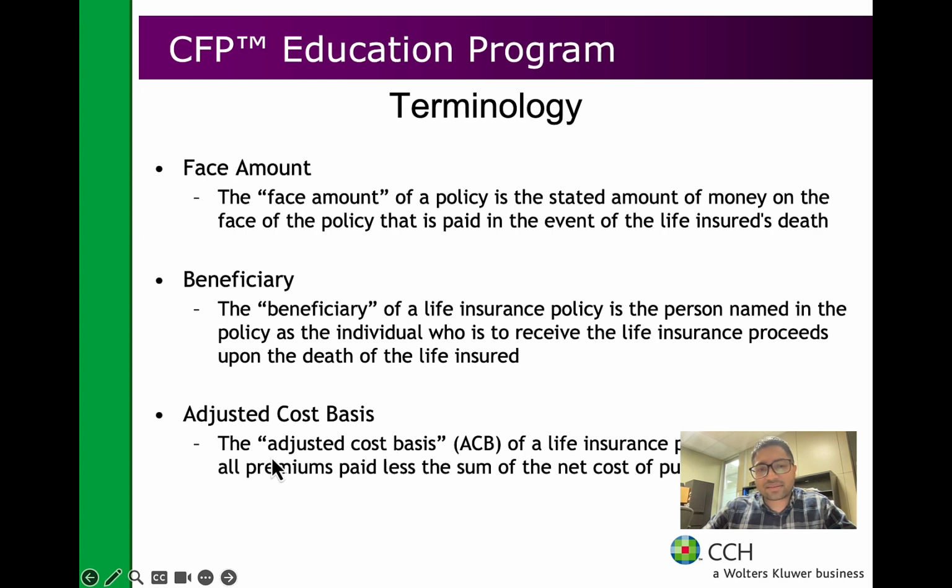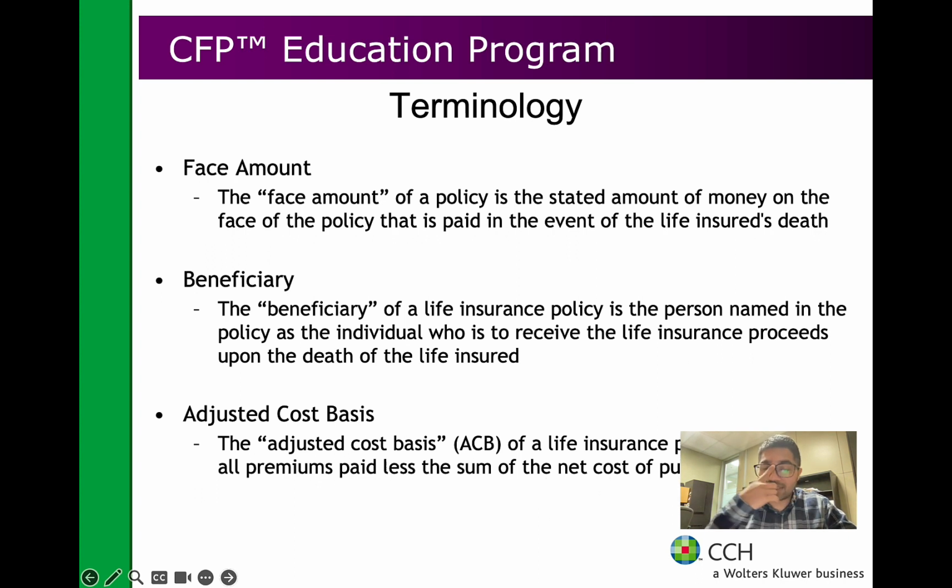Adjusted cost basis. The adjusted cost basis of a life insurance policy is important for tax calculations, which we are going to see in the future slides. It is the sum of all the premiums paid less the sum of the net cost of pure insurance.